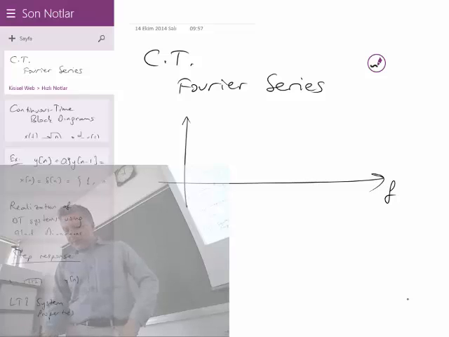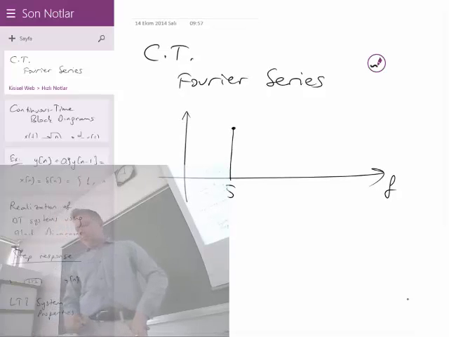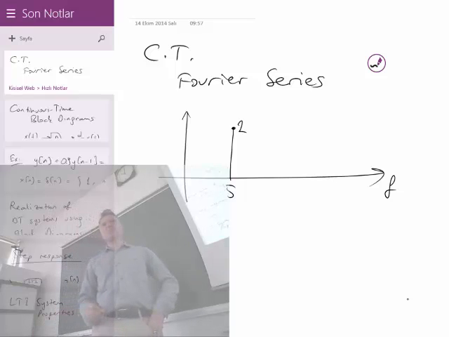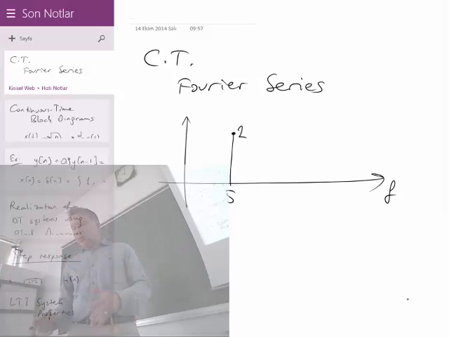Let's think of this signal. Here it is, let's say, 5, and the value is, let's say, 2. By the way, this is a new representation of the signal which was previously expressed in terms of time variations. So the question is, what is the corresponding time signal?